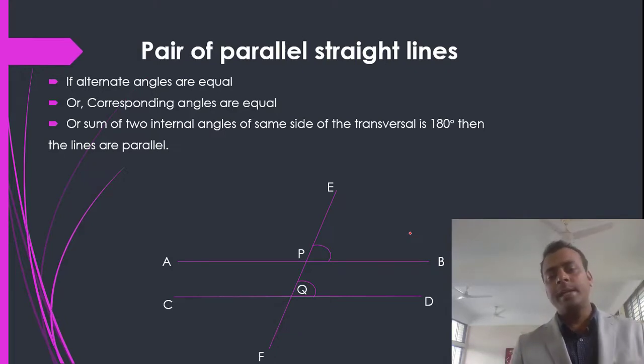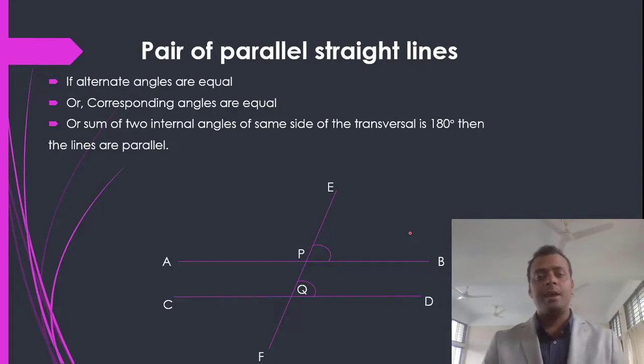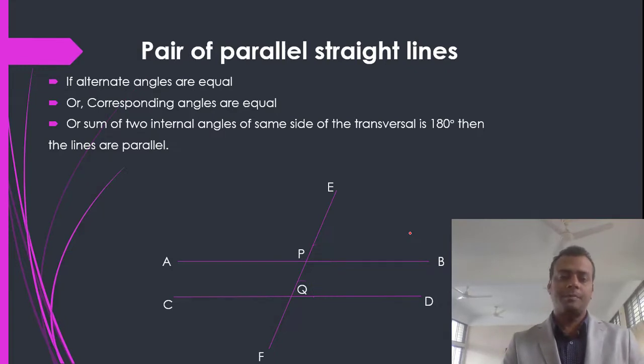So if corresponding angles are equal, then the lines are parallel. Now suppose you didn't measure the corresponding angles, you have measured the alternate angles. That is, you have measured APF and CQE and found that these two alternate angles are equal. And if you found that alternate angles are equal, you can take the decision that AB and CD are parallel.